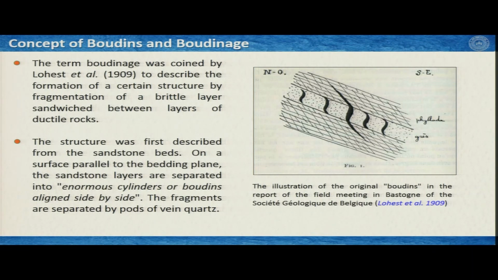The term Boudin means sausage, and in making this analogy Lohest emphasized the plan view of the cylindrical Boudins. However, to some people the analogy meant the similarity of the cross sectional view of a row of Boudins to a chain of sausages tied one end to another.